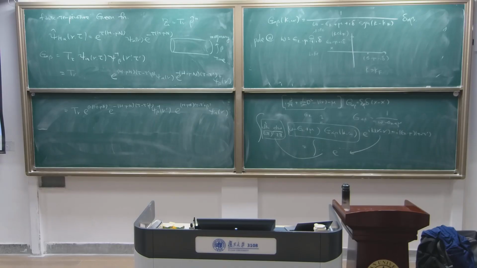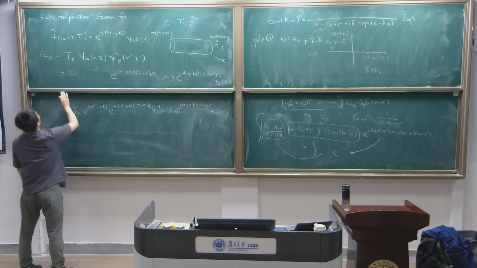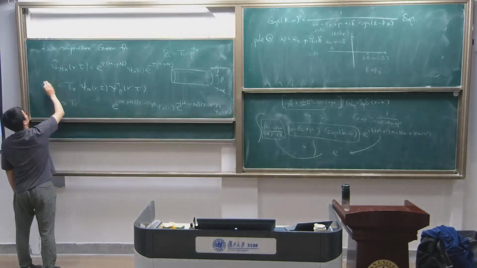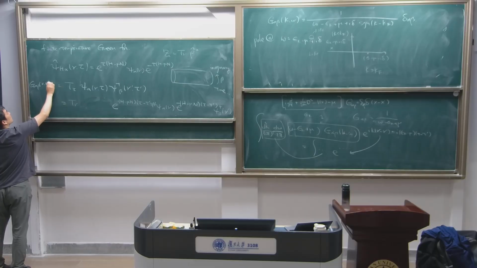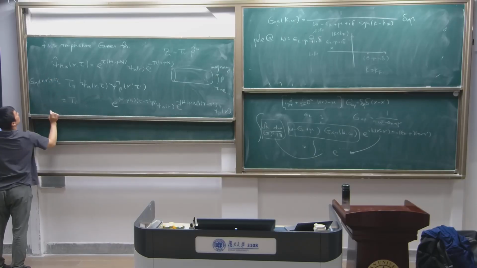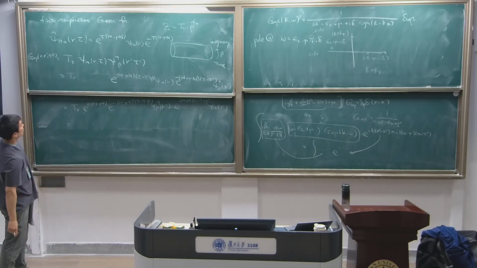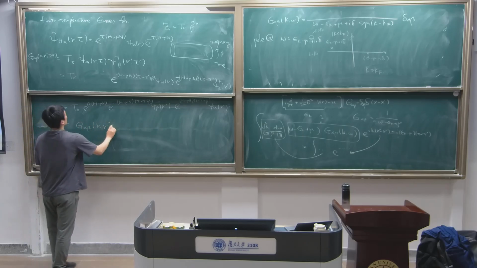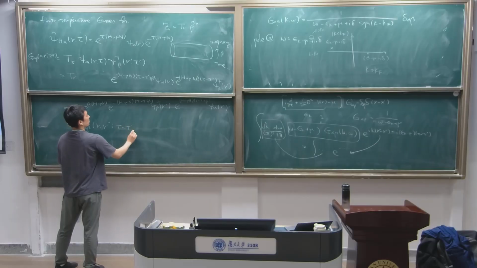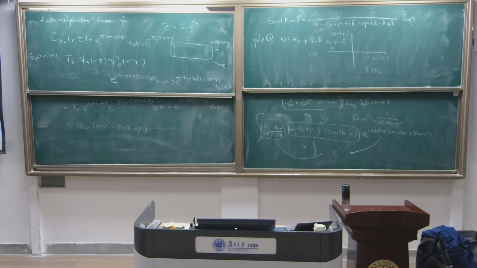And then if you do the rotation again, this is equal to G alpha beta, R and R prime, tau minus tau prime plus beta. Okay. So even if you shift by beta, it doesn't matter.